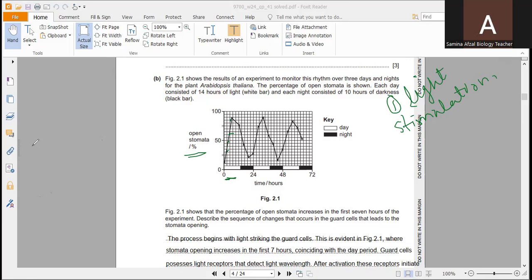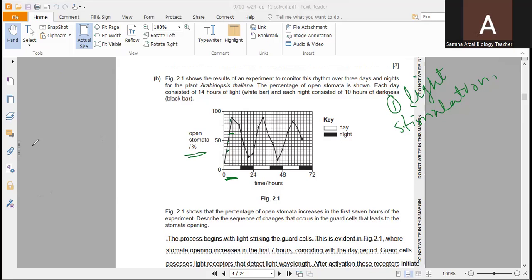This process begins when light stimulates the guard cells. In figure 2.1, the stomata opening increases in the first 7 hours, coinciding with the day period. This white bar shows that the light stimulates the guard cells.